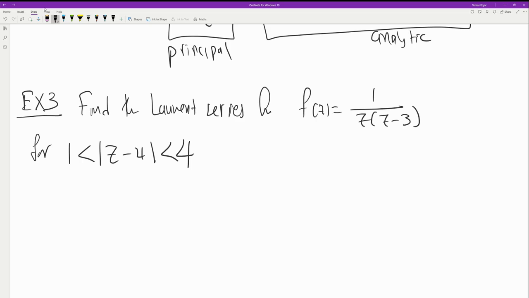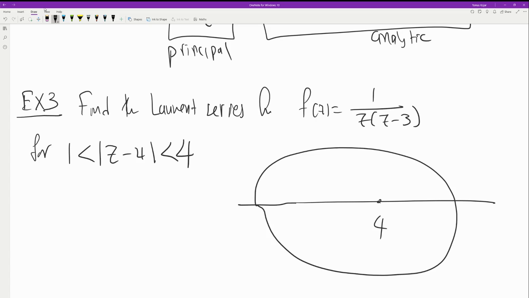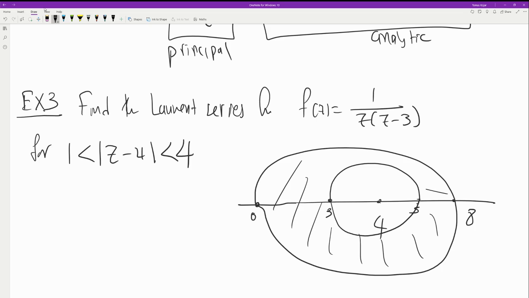Let me draw it. It's centered at 4. The big circle goes from 0 to 8, and the small circle goes from 3 to 5. So this is the neighborhood.